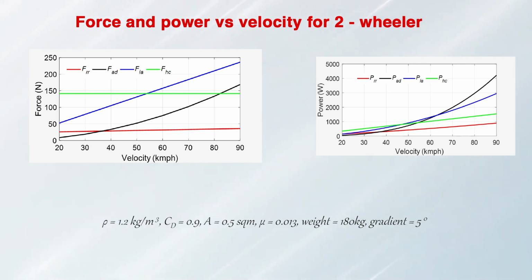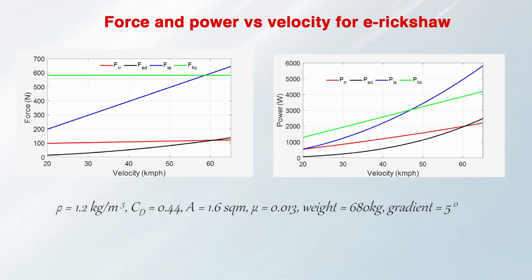similarly in the second graph, the velocity and power. So, what are the powers and how they are increasing with respect to the velocity. So, this is for a two wheeler, and for a three wheeler again the same type of graph has been shown, where you try to infer the information from this, which kind of force is more when you have a lower velocity and when you have a higher velocity, which power or which force is dominating.